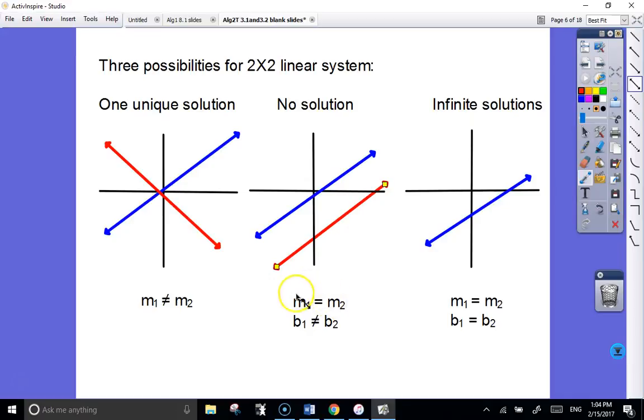So they've got the same slope but different y-intercepts. Now, what kind of lines would you have if they had the same slope and the same y-intercept? It would be the same line, right? It's basically one line right on top of the other. And so how many points do they share? Infinitely many points.